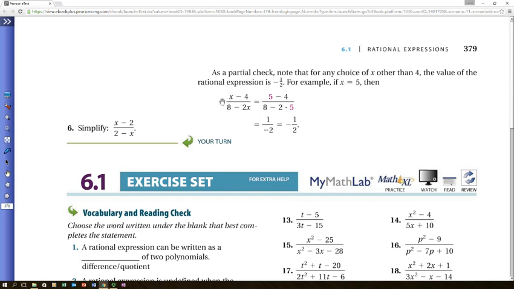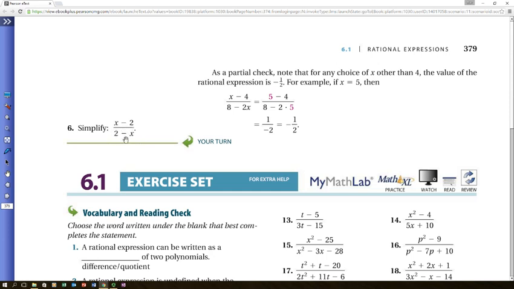Here's the original, and when we simplified this, we got negative 1/2. Well, let's see what we get here. 5 minus 4 is 1. 8 minus 2 times 5, order of operations, I get 8 minus 10, which is 1 over negative 2. So it does work.